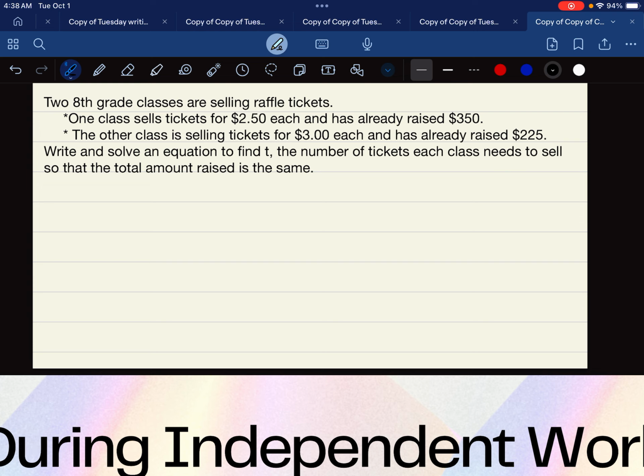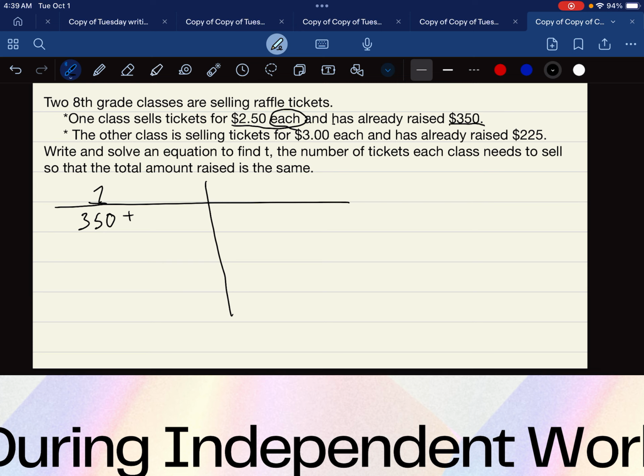Alright, there are 2 8th grade classes selling raffle tickets. So we're looking at class 1. One class sells tickets for $2.50 each. They already have 350. So we got 350.